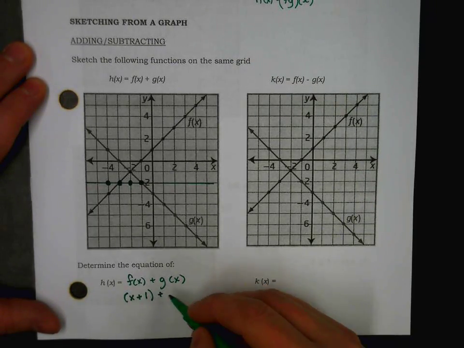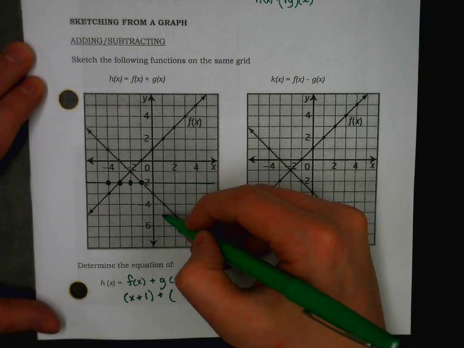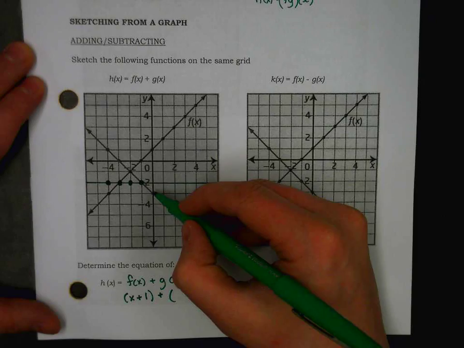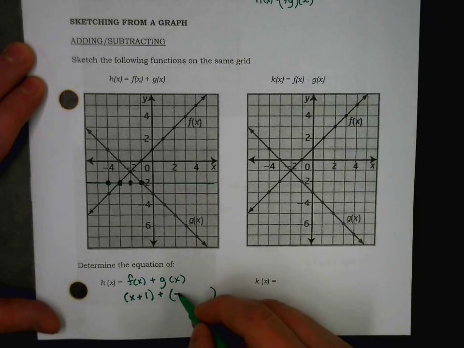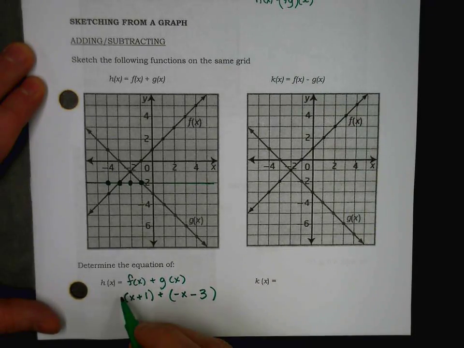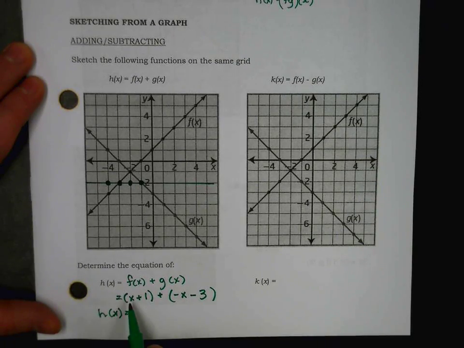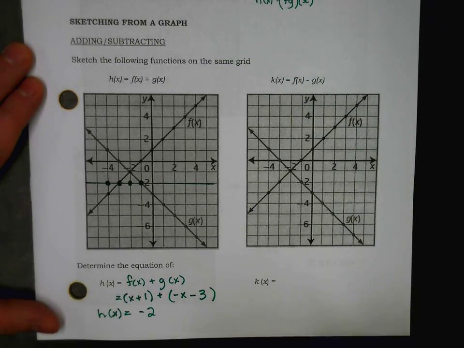For g of x, we have down 1 over 1, a slope of negative 1, and a y-intercept of negative 3. So negative x minus 3. If we add these two equations together to generate our new equation for h of x, the x and negative x cancel each other out, and 1 plus negative 3 results in negative 2, which confirms our implications that this trends towards a y value of negative 2 infinitely.